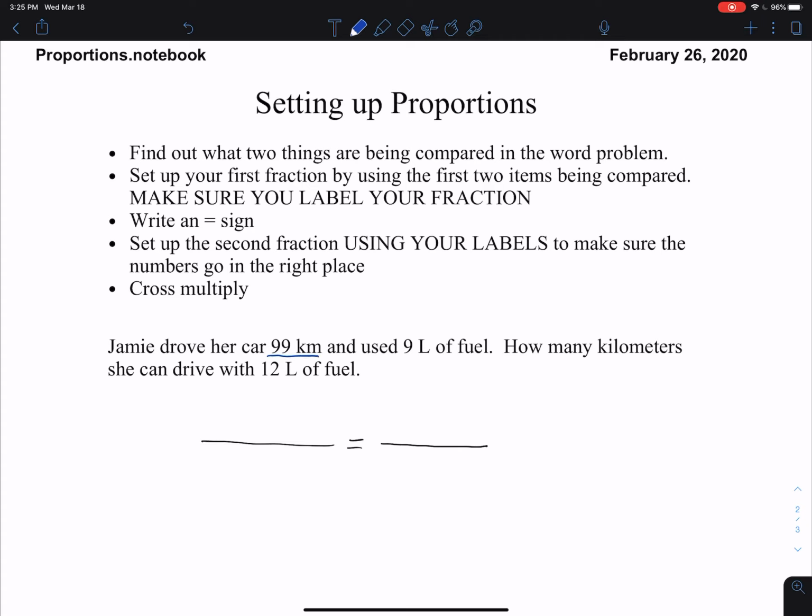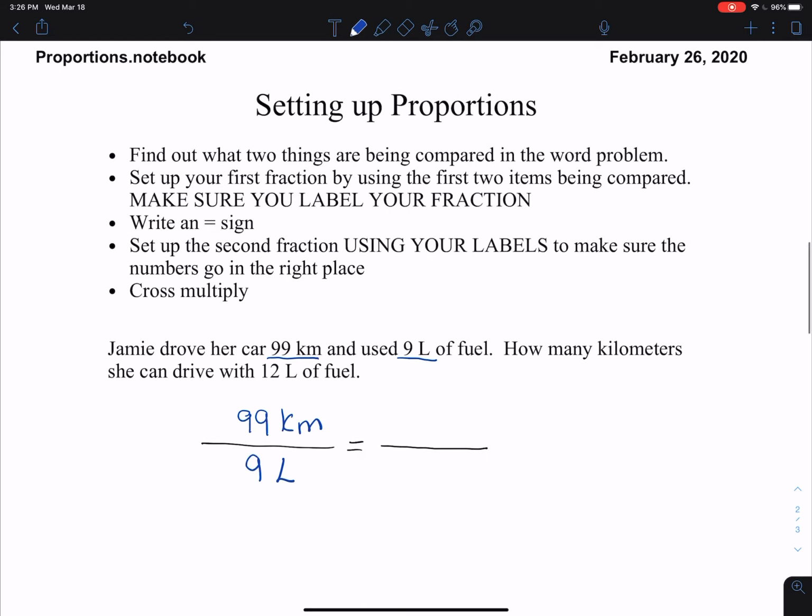And they give me in this first situation that she drove her car 99 kilometers and used 9 liters. So that first situation is becoming my first fraction. Now, I do want to point out, it does not matter the order that I wrote it. I could have written 9 liters over 99 kilometers and I'd still get the correct answer.